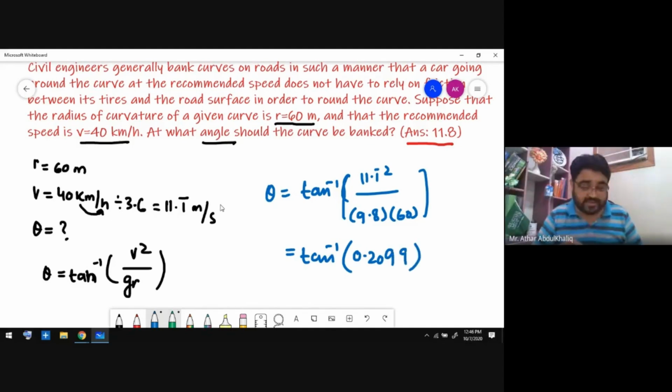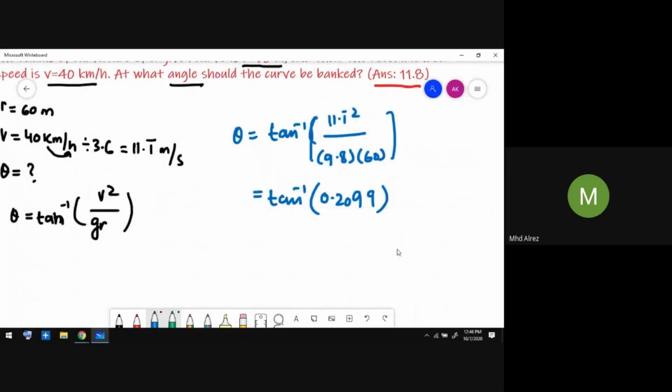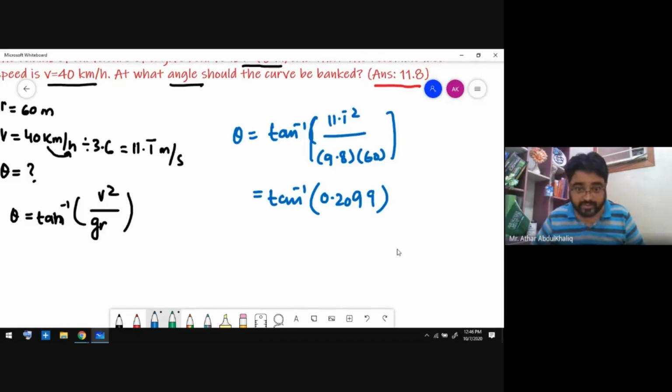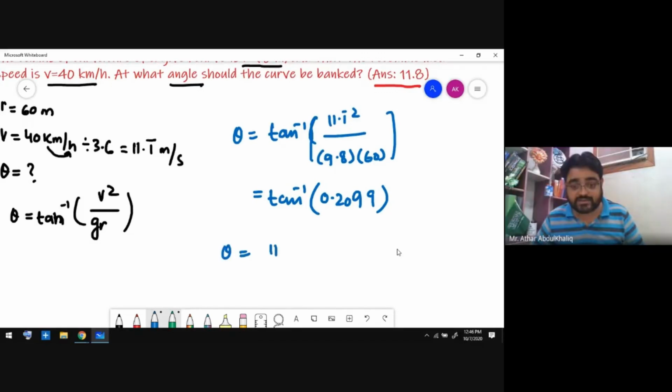When you take the tan inverse, it is 11.83 degrees.